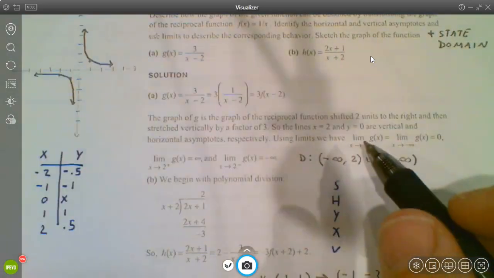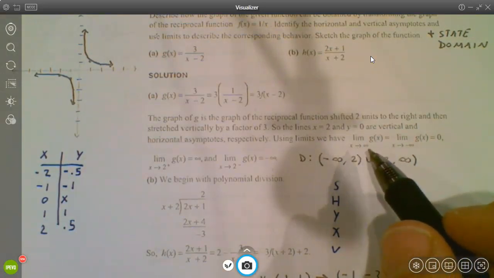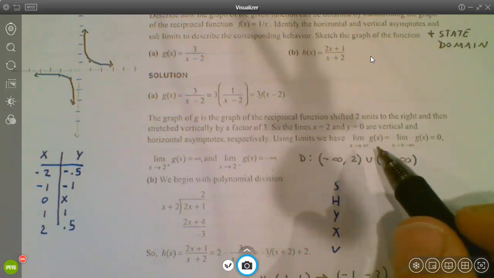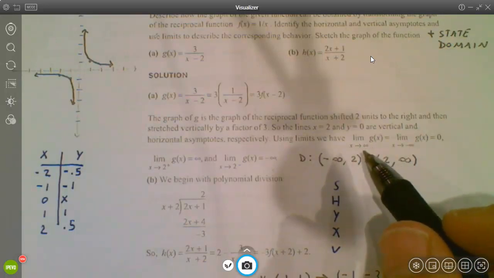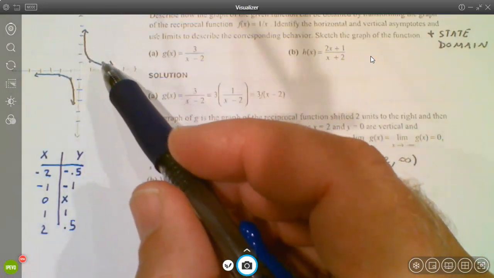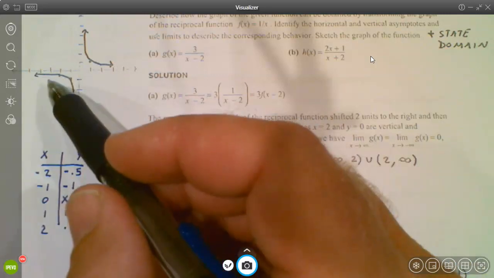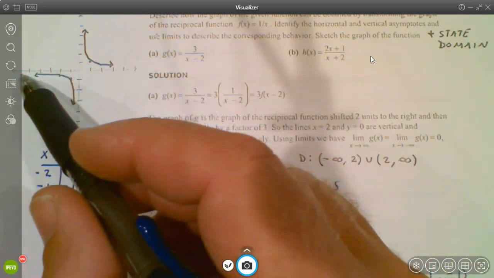As far as the end behavior of the right side, remember the limit of the function as x approaches positive infinity just means the right side of the graph. What is the right side of the graph approaching? You can see as I move to the right, my graph is getting closer and closer to 0. It's doing the same thing to the left, closer to 0.